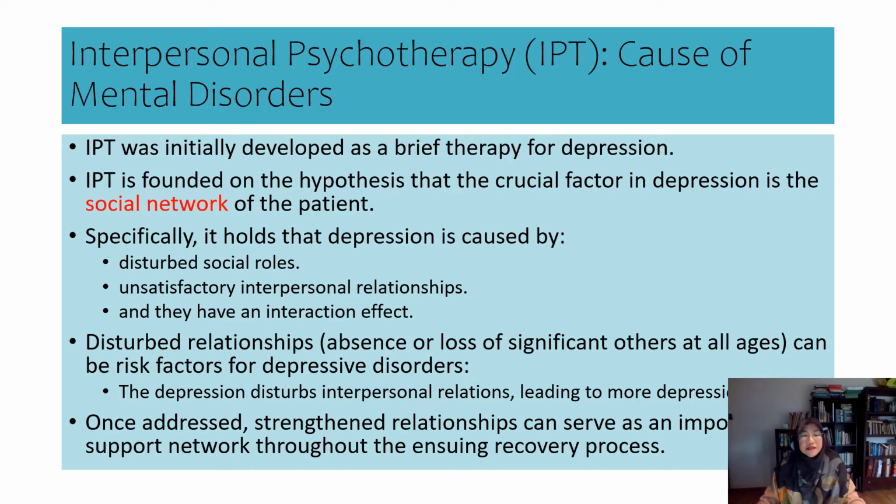Now the thing is that depression can disturb a relationship, which leads to more depression. So we strongly believe in IPT that once we address issues related to relationships, it can speed up the process of recovery in a case of depression, for example.